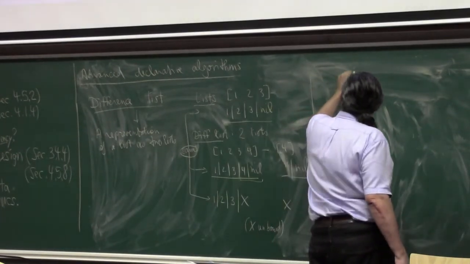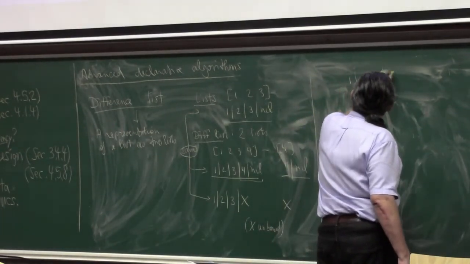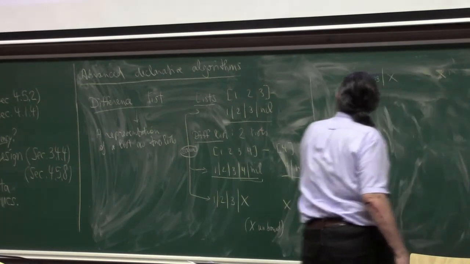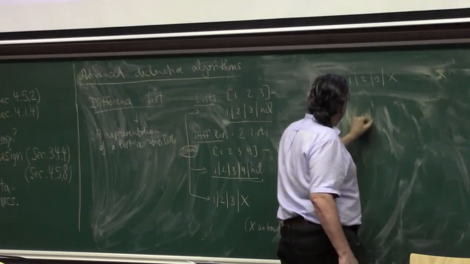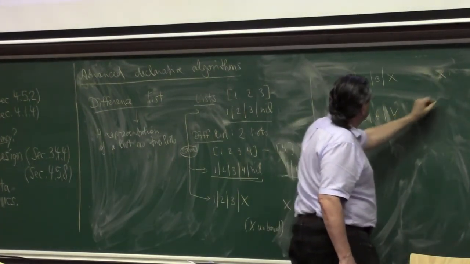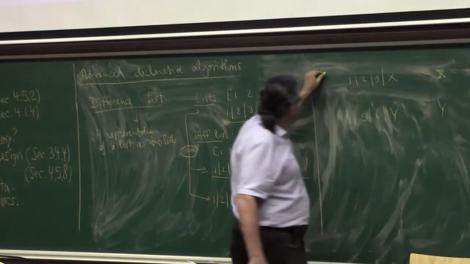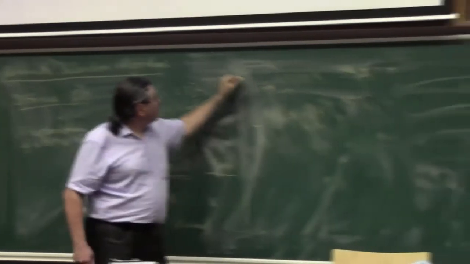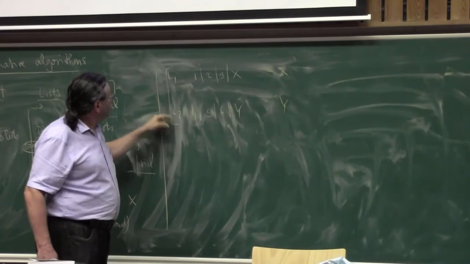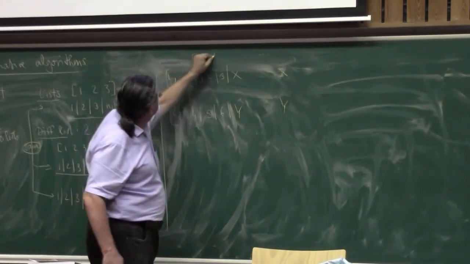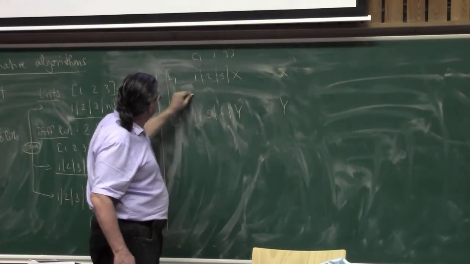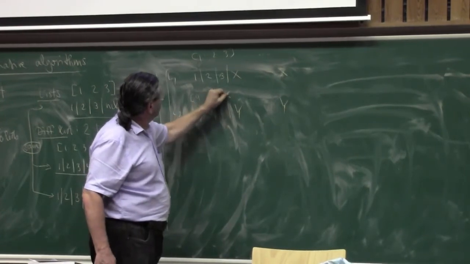Well, let's say we have the list 1, 2, 3 as a difference list, and we have another list, 4, 5, 6, as a difference list. So we have two difference lists here, L1 and L2. L1 is basically the same list as 1, 2, 3, and L2 is 4, 5, 6.